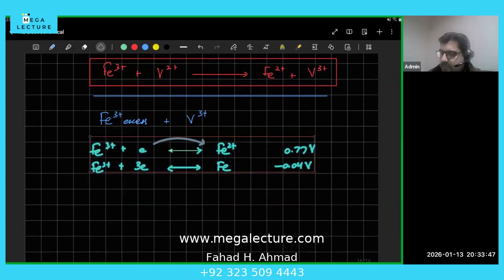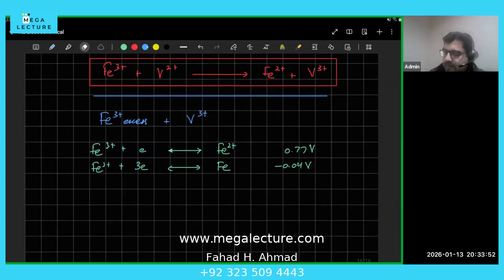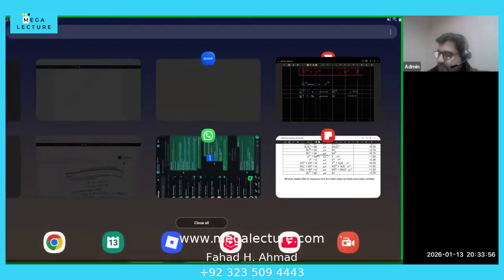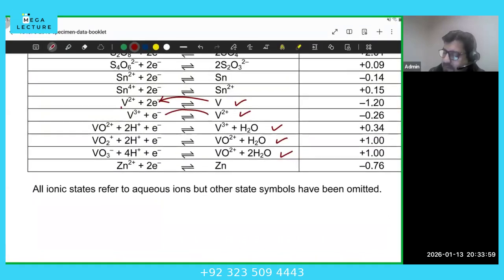My V2+ has been further oxidized to V3+, so now I've got V3+. I'm going to look for this equation, to see whether there's going to be a further reaction or not. This is 0.34, right?